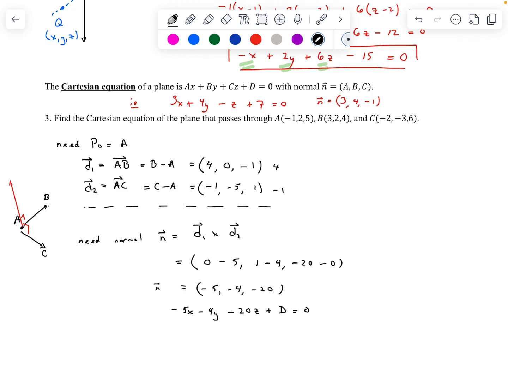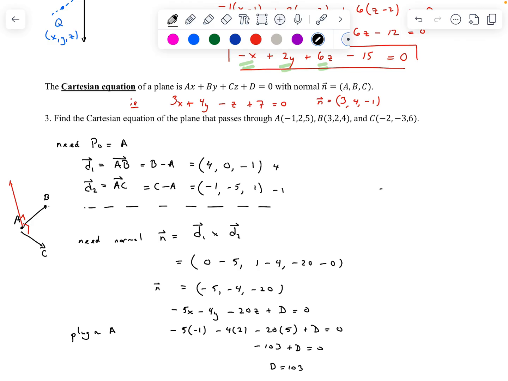Well, I'm going to plug in my point. I'm going to plug in A. X is -1, y is 2, z is 5. I'll solve for d. 5 minus 8, -3, I got -103, plus d equals 0. I got d equals 103.